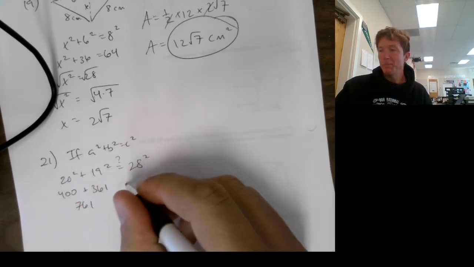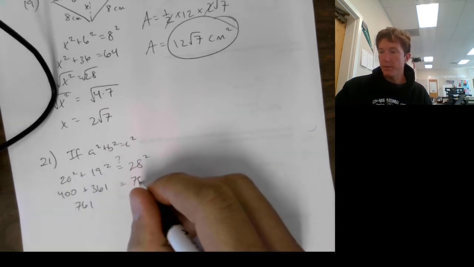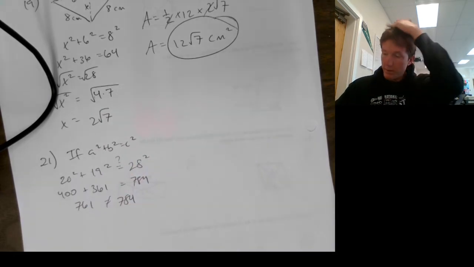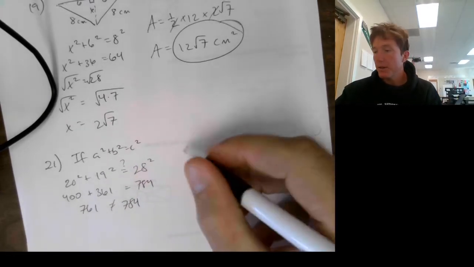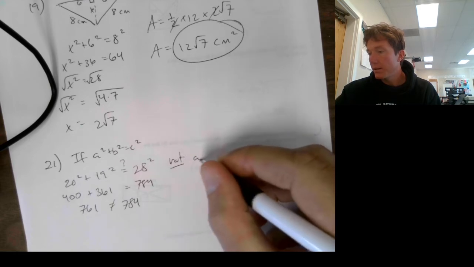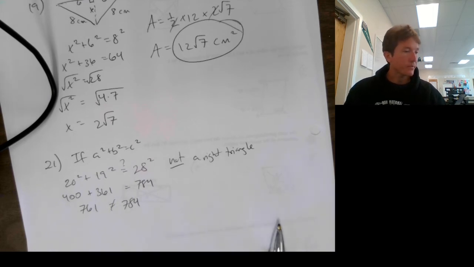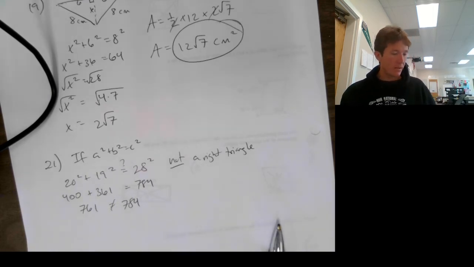So together those equal 761. 28 squared is 784. So they do not equal each other. Since this is not true, this is not a right triangle. In fact, this triangle is obtuse, since c squared is larger than a squared plus b squared. Let us move on.